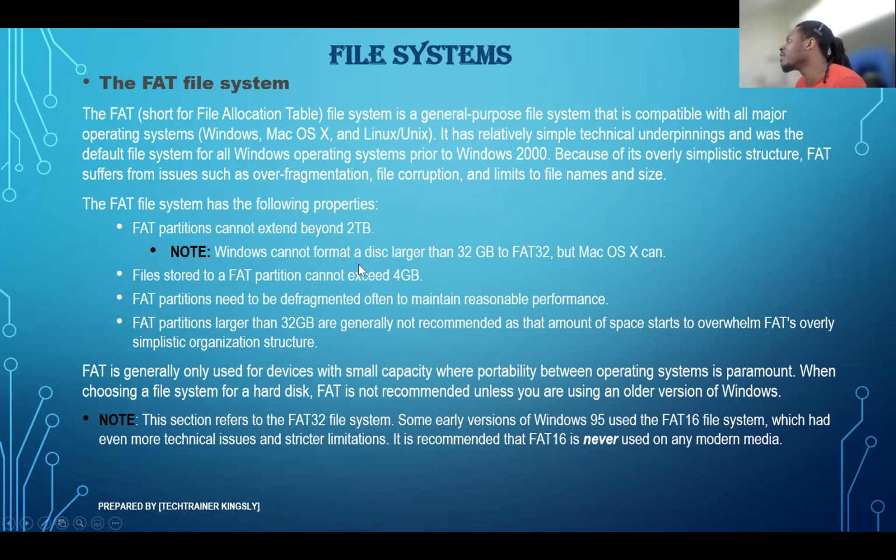And it says Windows cannot format a disk larger than 32 gig for FAT32, but Macs can. That simply means that if you have a FAT32 drive that's 40 gig, it will not format it. You try to format it, it will not go through. 32 gig is the maximum level it can format a drive to.